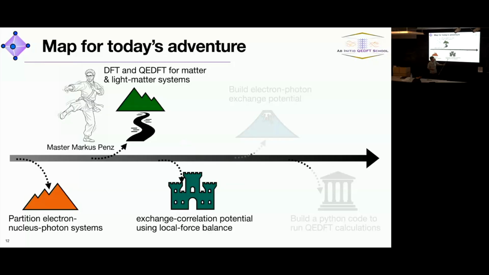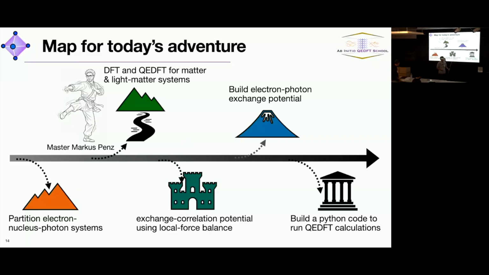This approach is general for electron interaction and electron-photon interaction. We are going to apply this method to the electron-photon exchange and correlation interaction. At the end of this lecture, you are going to construct your first QEDFT code by yourself. We are going to have a Jupyter notebook.